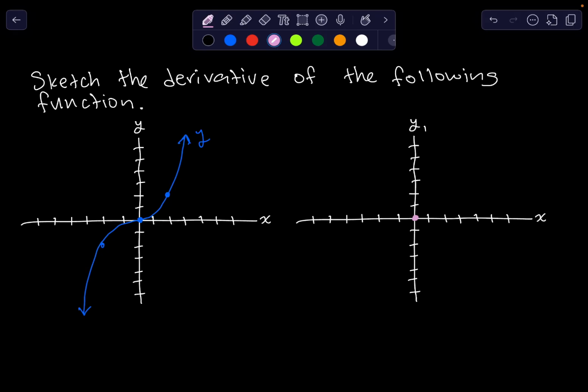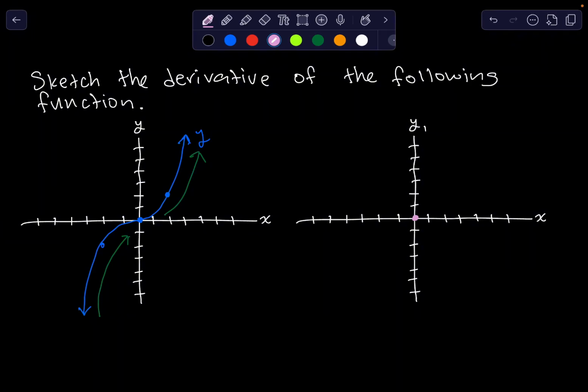Okay, now let's look at how we're increasing or decreasing at certain points. So it looks like along the entire graph, we're increasing. Doesn't matter if our rate of increasing is decreasing or whether it's changing or not, but over the entire graph, we're actually increasing. So we can kind of show that on our derivative graph.